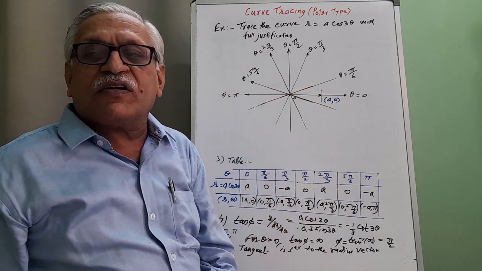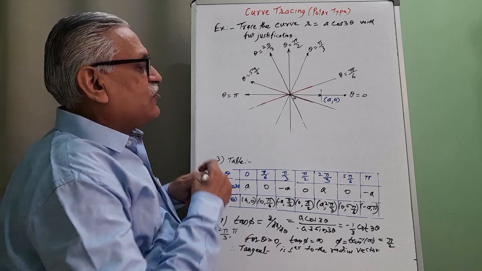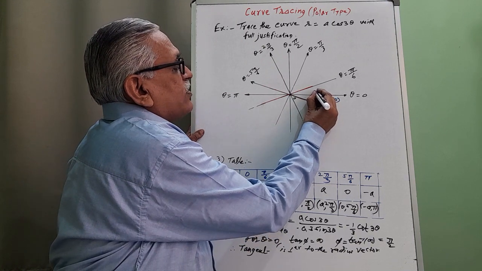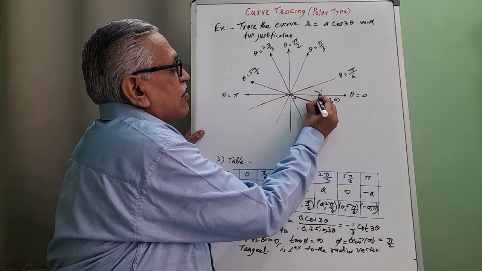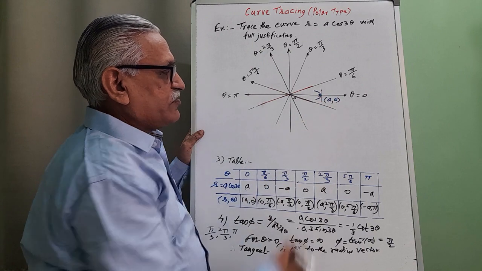And due to this perpendicular tangent, the shape of the curve is slightly parabolic. Therefore, we draw a slightly parabolic part, with a single point of contact at this point.